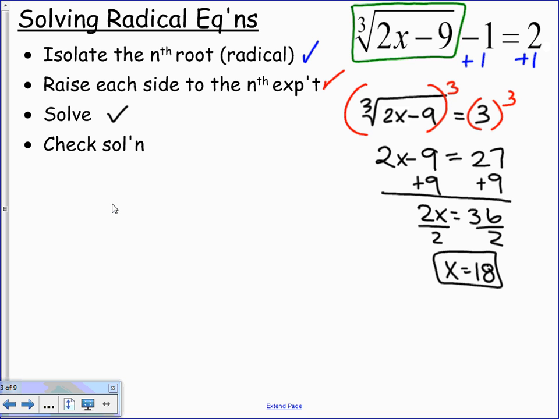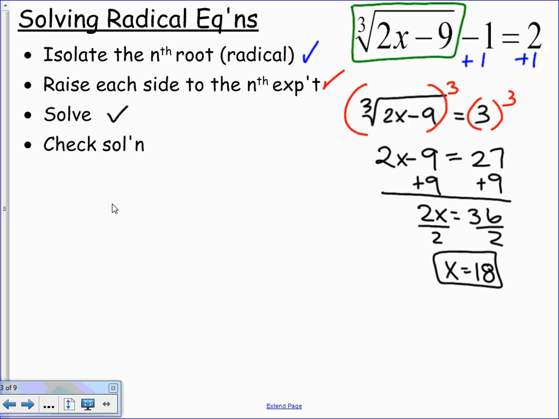Okay, now there's one step here that we haven't completed yet, and that's to check your solution. Now, this check is different than normal checks. Do you remember, like in Algebra 1, when you first started solving stuff, and every time you solved an equation, you also had to check it by plugging it back in to make sure you got the right answer? That's a good practice to have, especially on quizzes and tests.